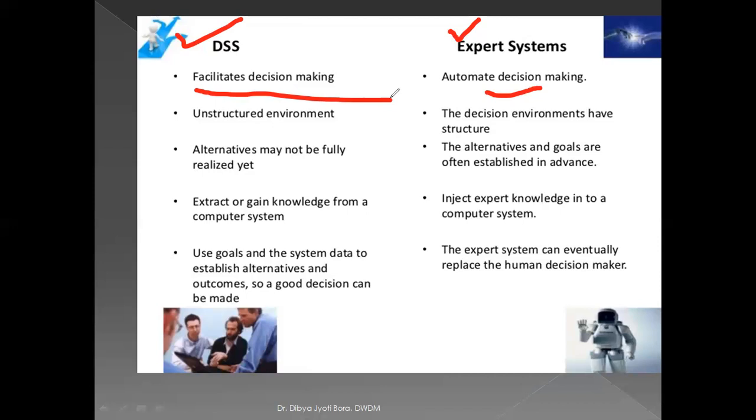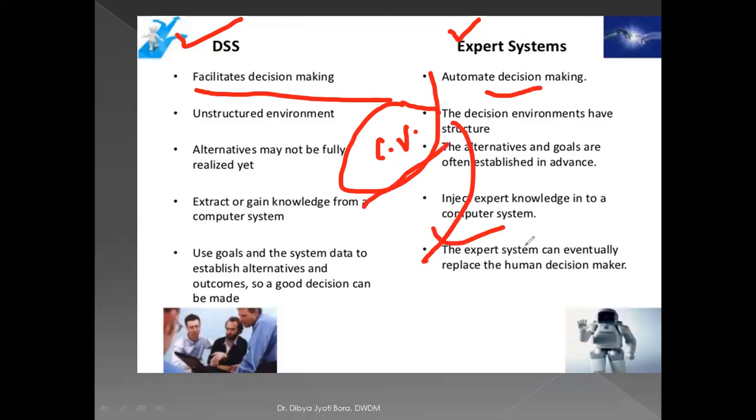But in the case of expert system, what is happening is that we try to extract the knowledge from some domain expert. Suppose a person who has expertise in, say, computer vision, we are extracting his knowledge, his expertise in this field. We are keeping it and forming that knowledge base, like a database.